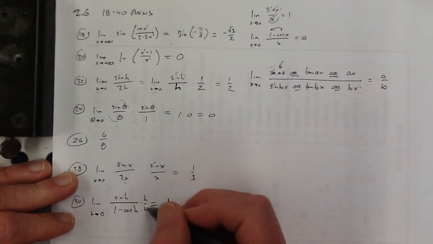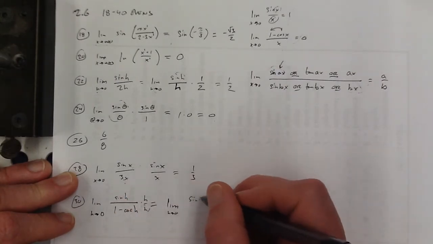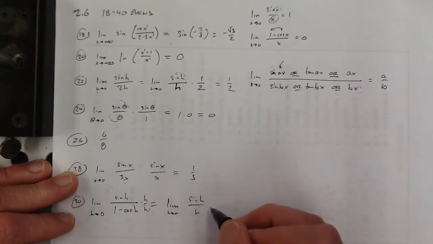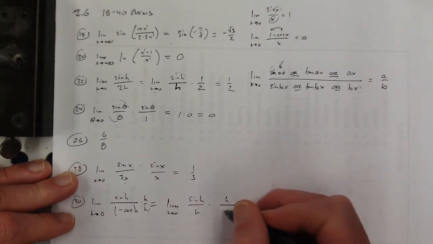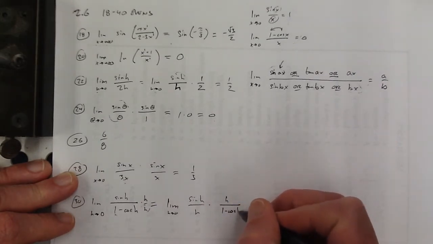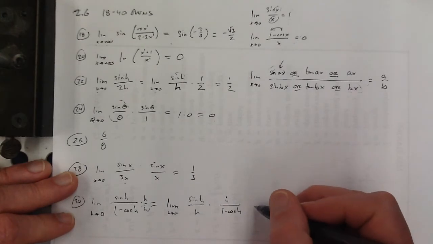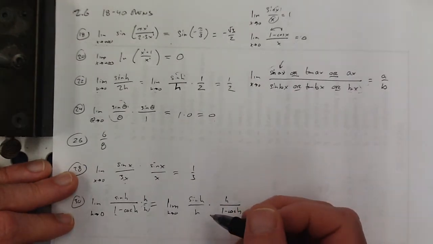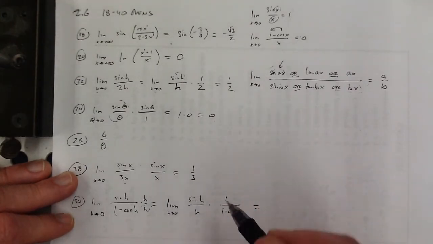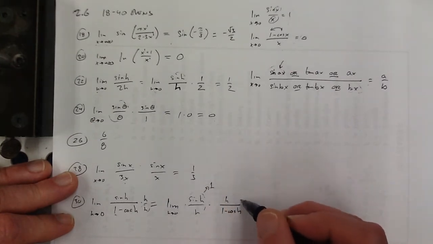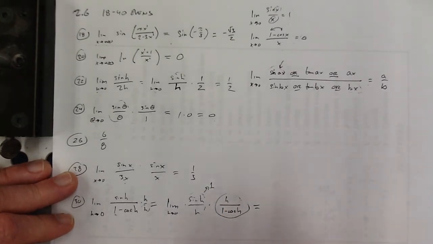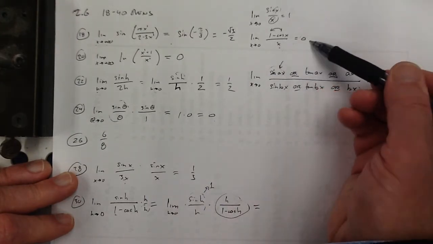So sine h over h times h over 1 minus cosine h. So what does that do for us? Does that do anything for us? I have here, this goes to 1, and then here, what about this? Well, it's this thing, but it's upside down.